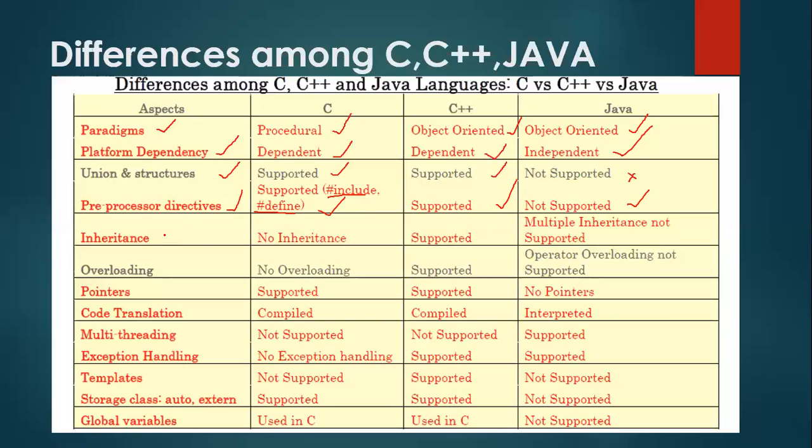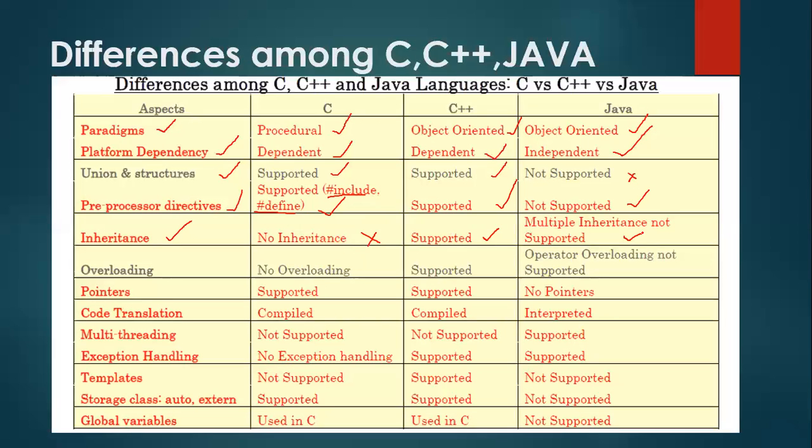And the next aspect is inheritance. In C language, there is no inheritance concept, that means deriving one object from another existing object. C++ supports as well as Java also supports the inheritance concept because C++ and Java are object oriented programming languages.